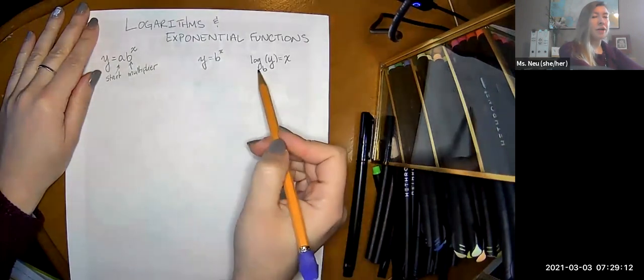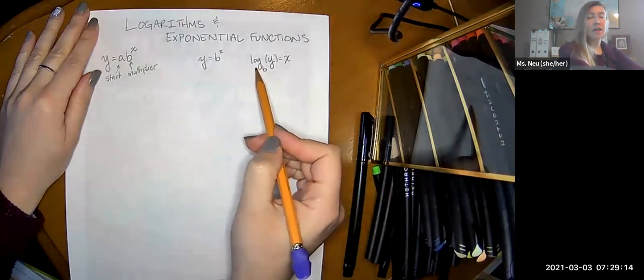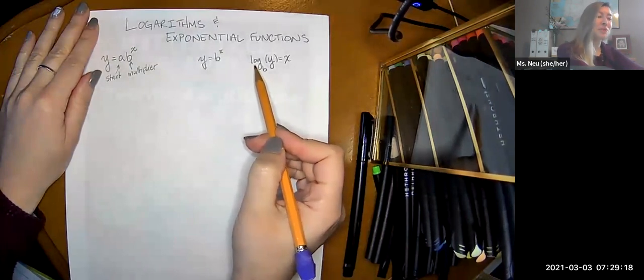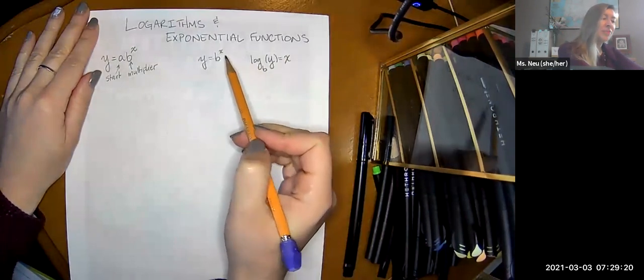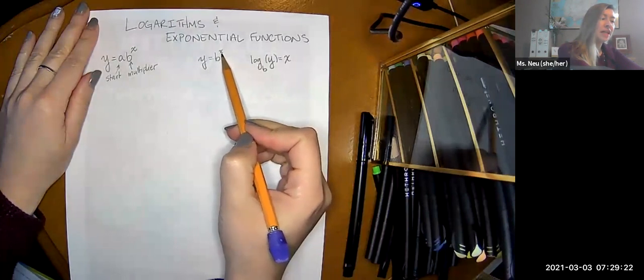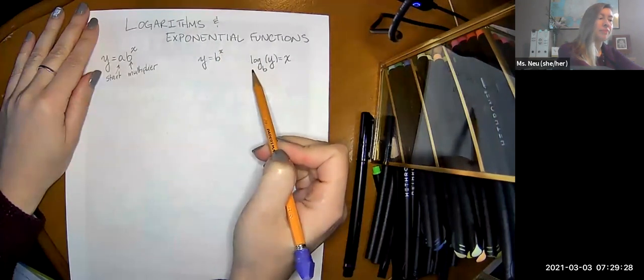Now, this looks really weird because all of a sudden I have a log here. And the reason why I have a log when I have to solve for y is because in order to get this exponent down from the top, I need to use a logarithm.